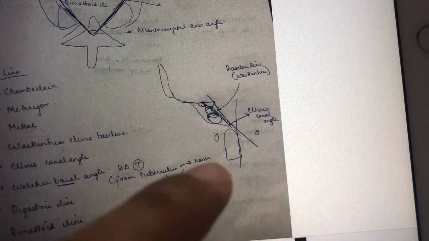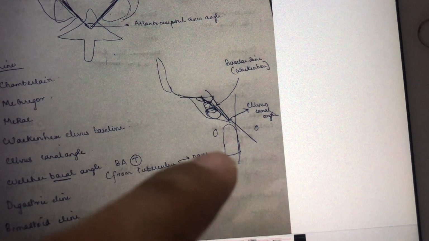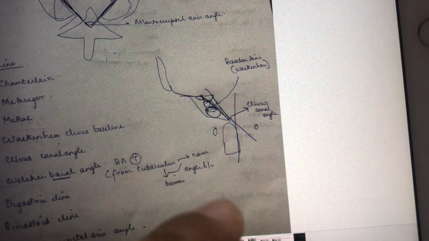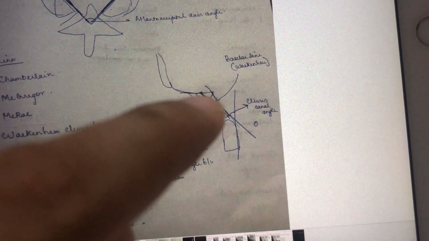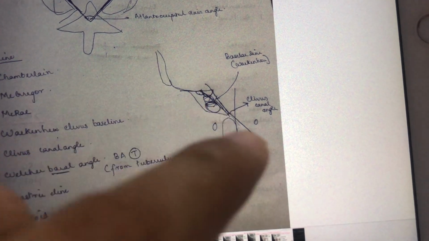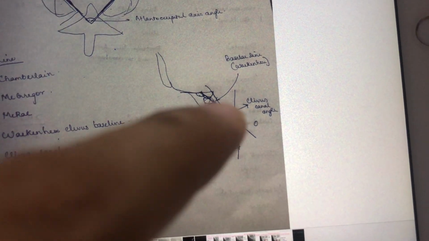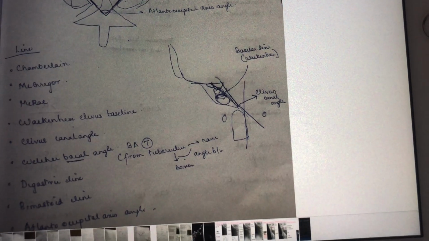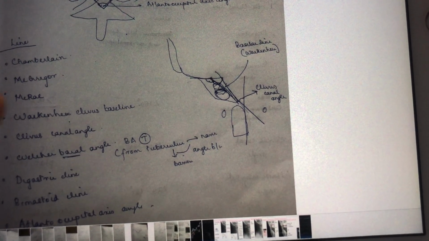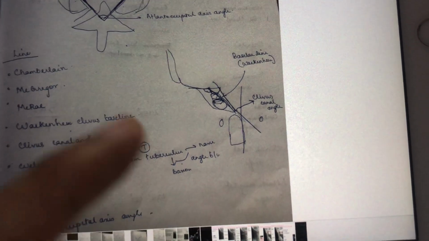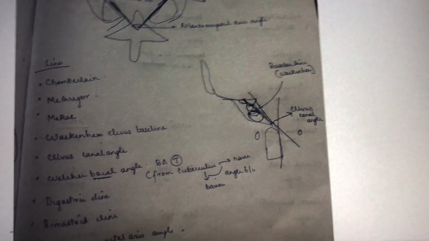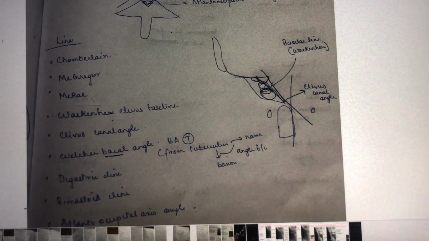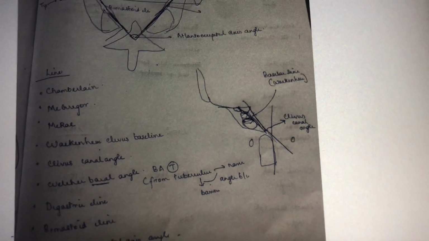Another thing: this is the cervical vertebra, this is the anterior, this is the posterior. Along the posterior, if you draw a line, and along the clival line, Wackenheim's line, these two lines meet at an angle. It is known as the clivus canal angle, between the clivus and the spinal canal.